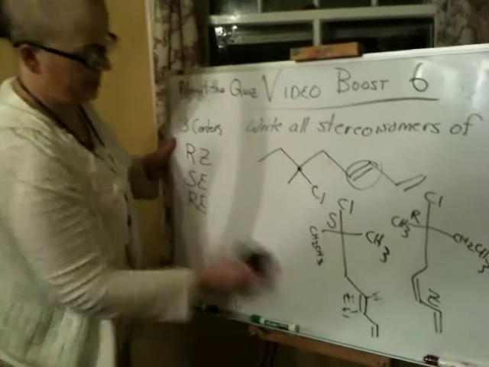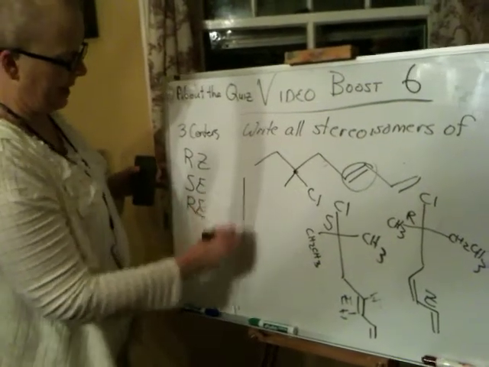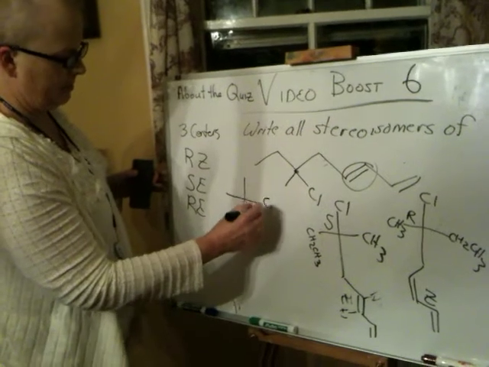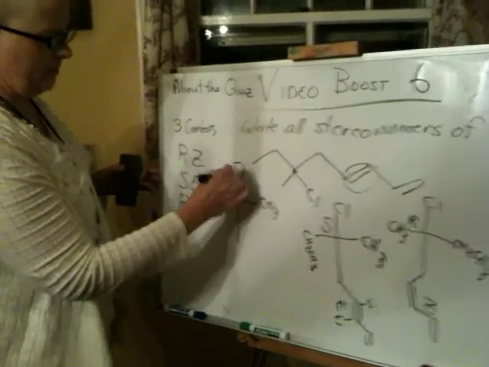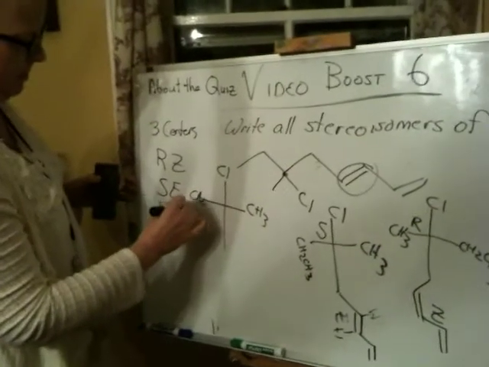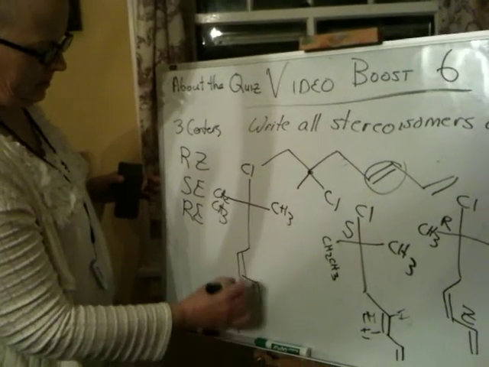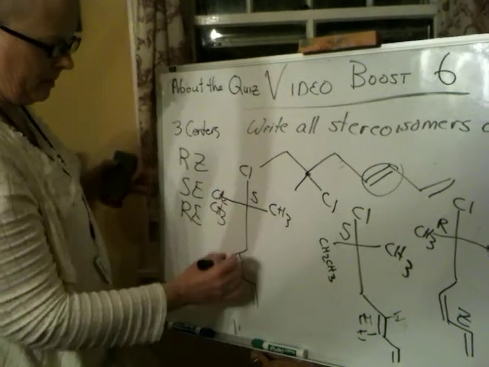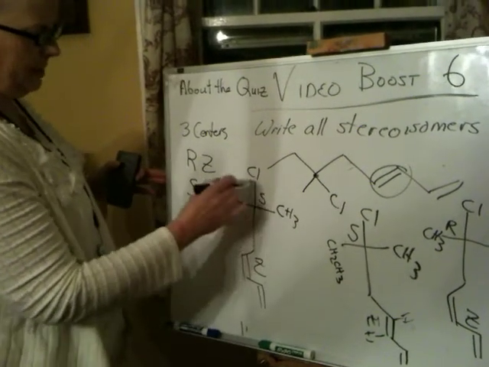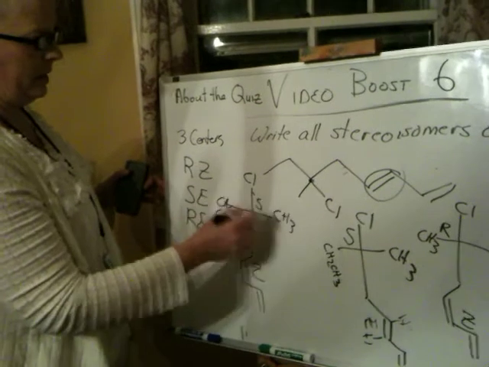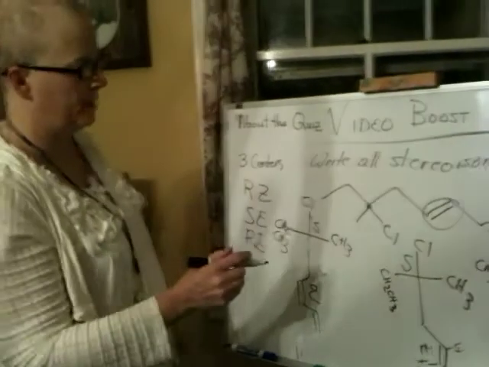So I'm erasing for space here. I could draw the S,Z. Let me double check this. 1, 2, 3. It looks like it's R. It's really S. So there's 4 stereoisomers.